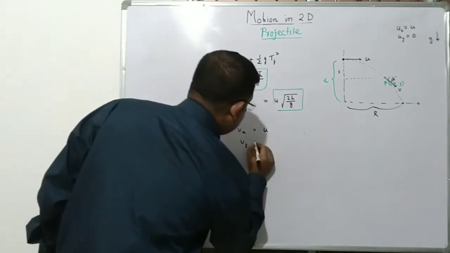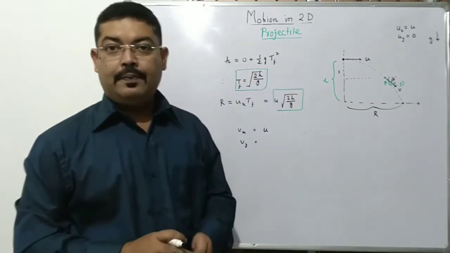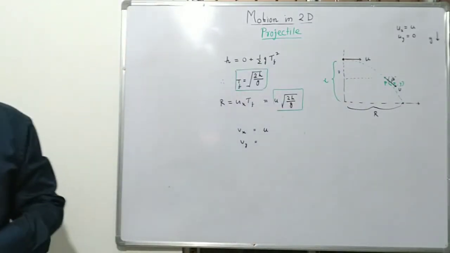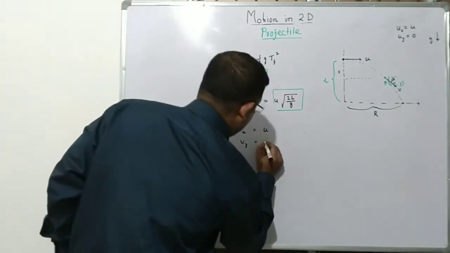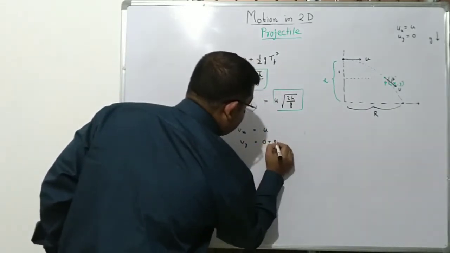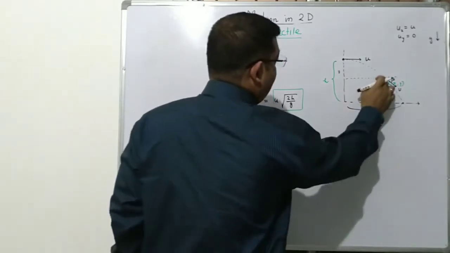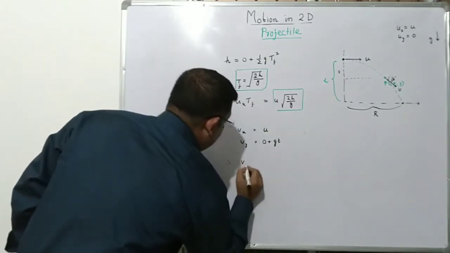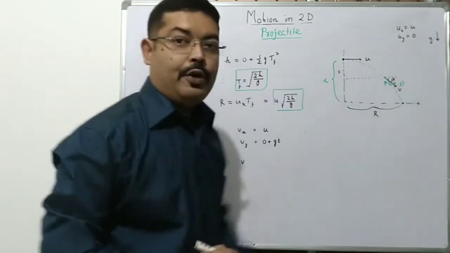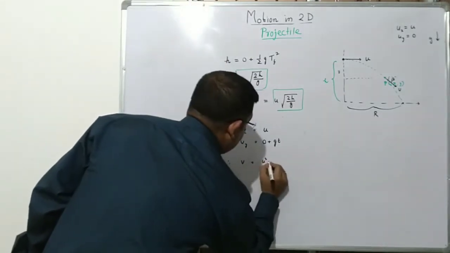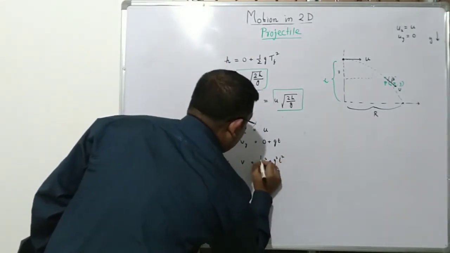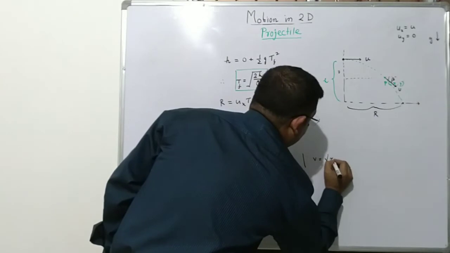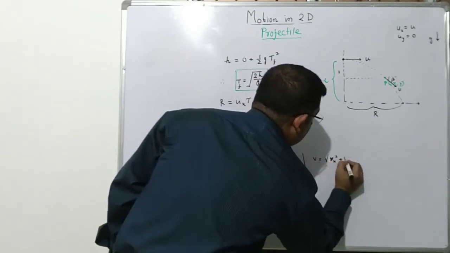For Vy, since it's motion under gravity with initial speed equal to 0, v equals uy plus at, which is 0 plus g t, where t is the time taken for the object to reach point P. Therefore, the magnitude of the velocity at point P will be given by the square root of u squared plus g squared t squared, since v equals the square root of Vx squared plus Vy squared.